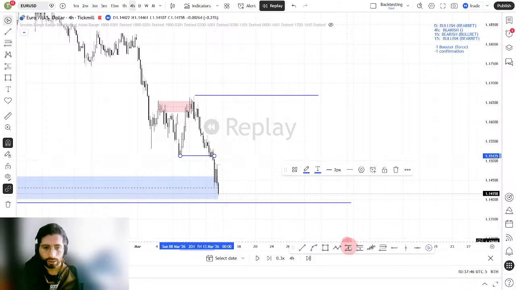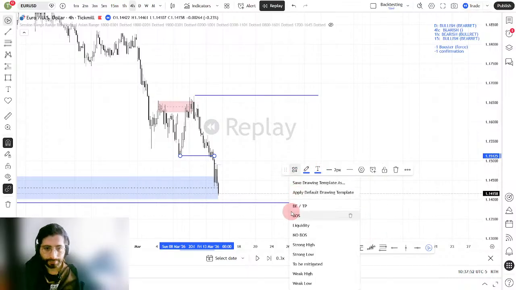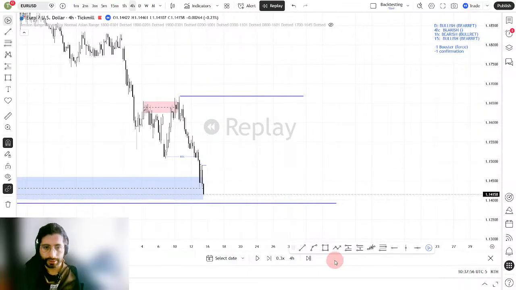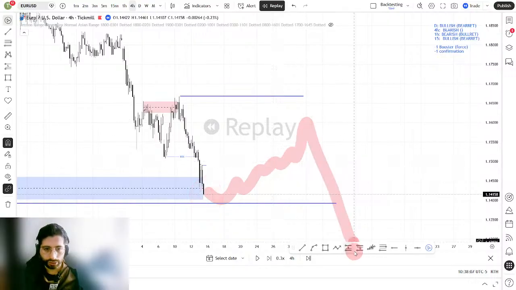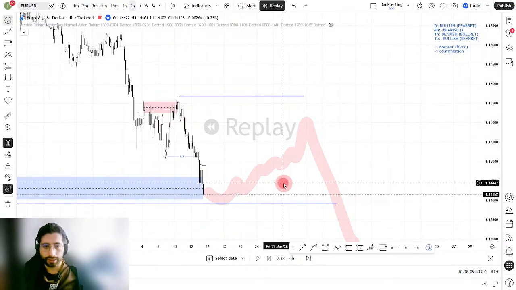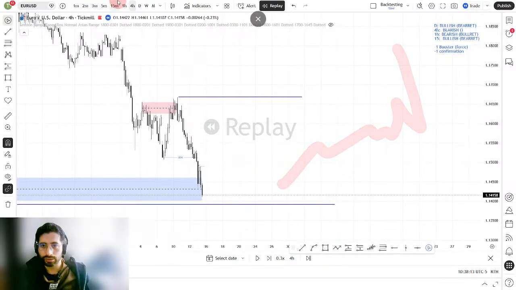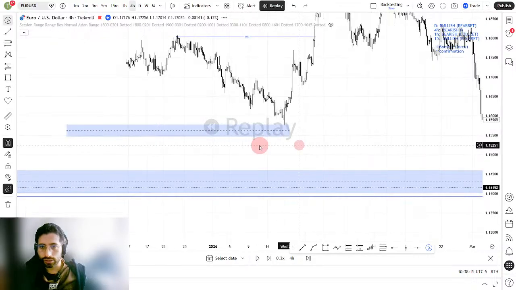So, what am I expecting the price to do at this point? Here we could wait for the retracement of the price and then continue going down, or the price could make the retracement and boom, continue pushing up. We will need to be very aware of it.